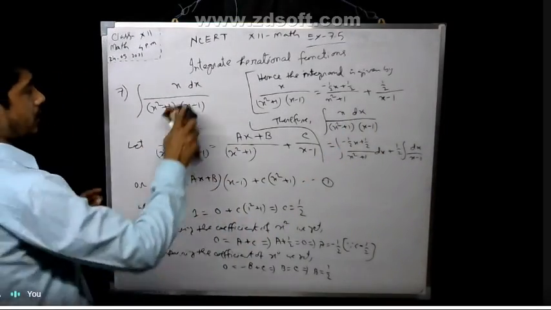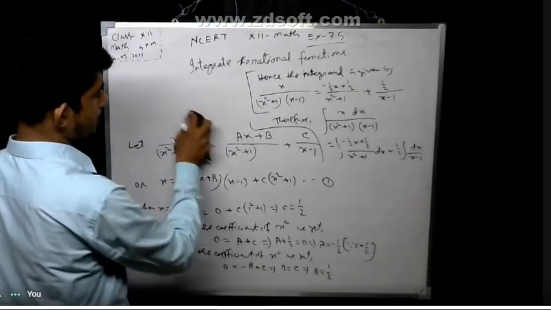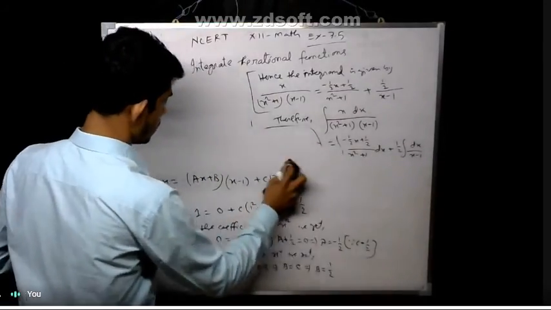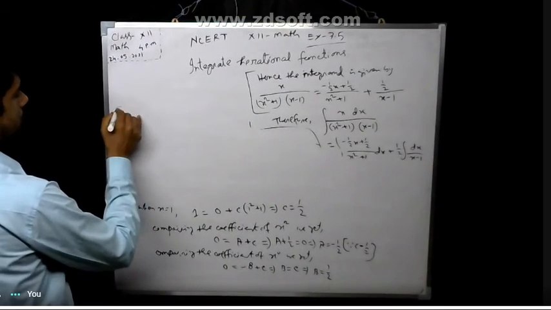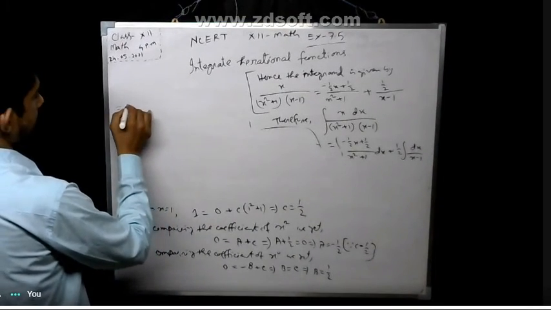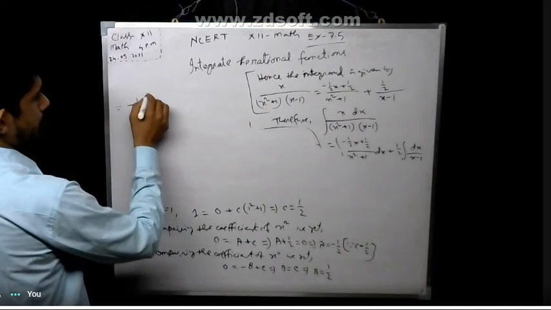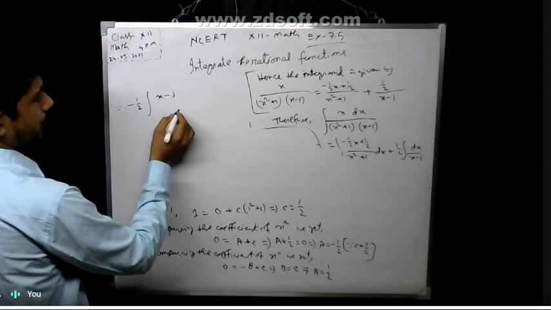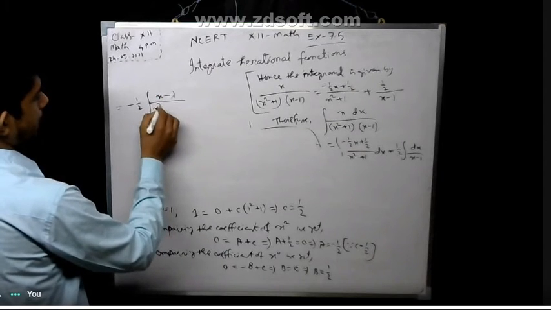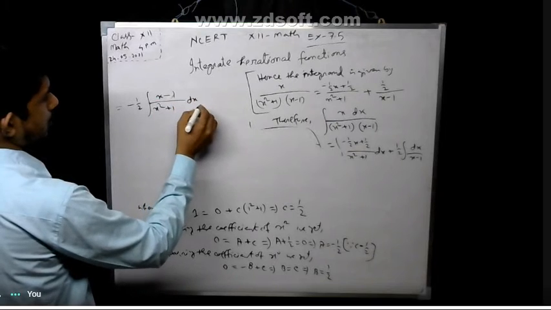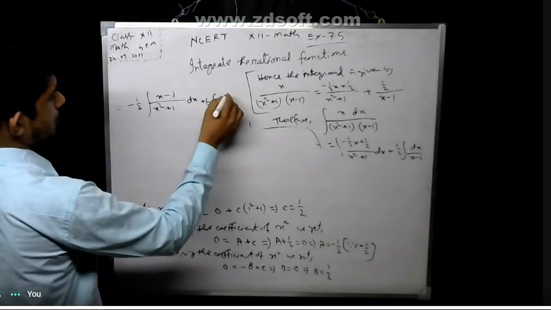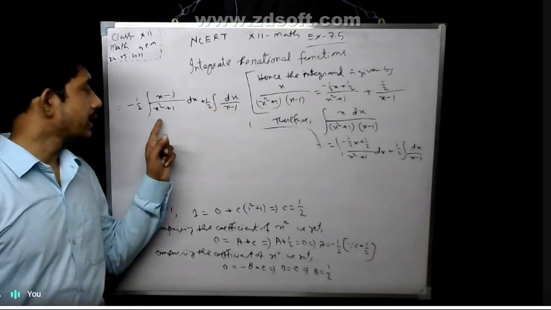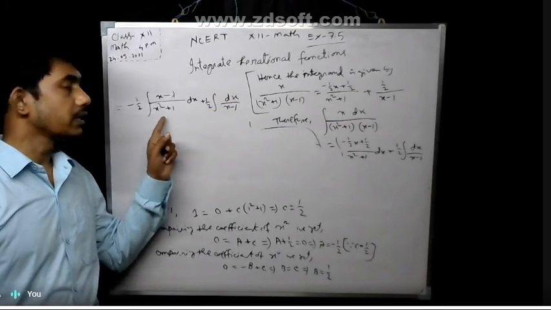So then it will be easier. Equal to minus half common, so it will be x plus 1 by x square plus 1 dx, plus half into dx by x minus 1. Again we have to find the derivative of x square plus 1. It will be 2x.